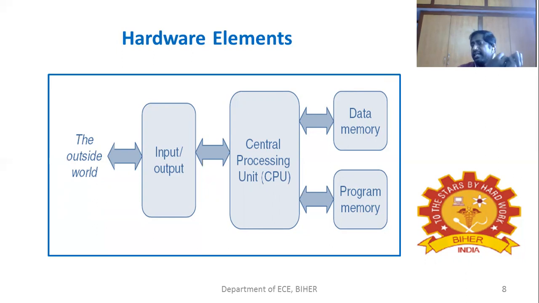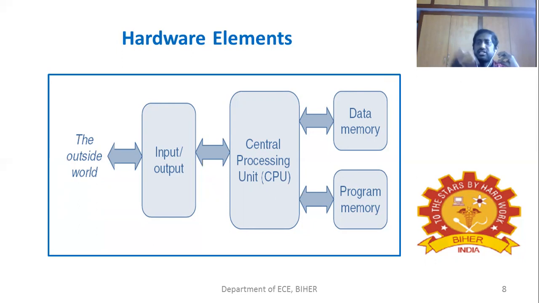After that, the data received from the input IO port is processed by the CPU, central processing unit of an embedded system. What is the central processing unit? Central processing unit is the combination of arithmetic and logic unit and control unit. ALU, arithmetic logic unit, is the short form of this one. So ALU is related with the arithmetic operations and logical operations of a microcontroller.